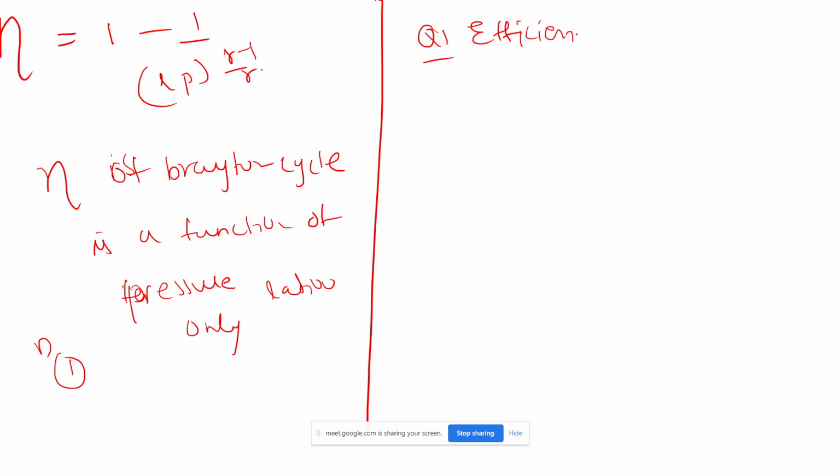They asked some thermodynamics question, and they asked what it is a function of. So similarly they can ask for the Brayton cycle also: the efficiency of the Brayton cycle is a function of, and it can be of only one mark.